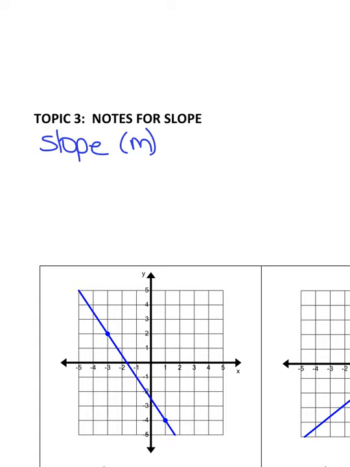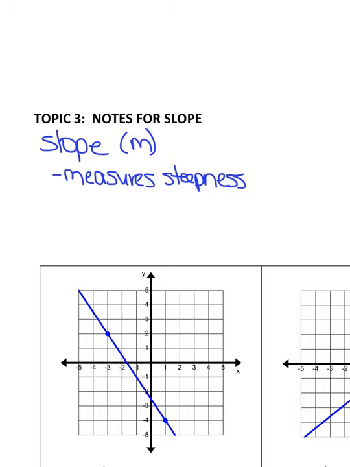And slope measures the steepness of a line. So this is important to note. So it measures steepness. So when we talk about slope, we talk about how steep the line is.